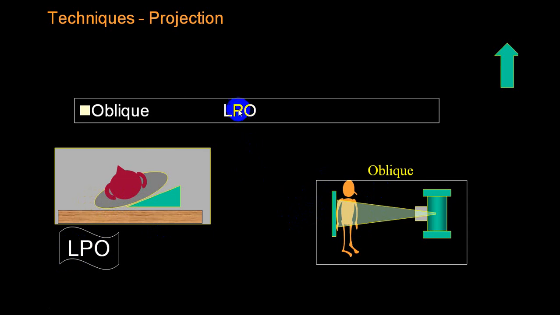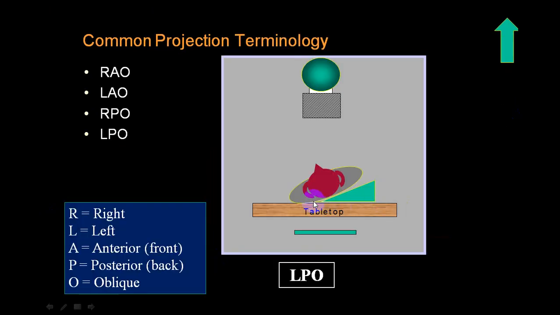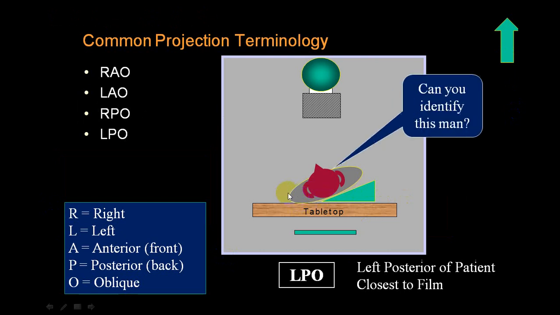The person is on the left side, left lateral, and then it is tilted a little bit, so that the left posterior part of the chest touches the table, and then the X-ray plate is kept here, and you can have a view. You can see here, this is the posterior part of the left side, again touching the table. So this is the LPO view.